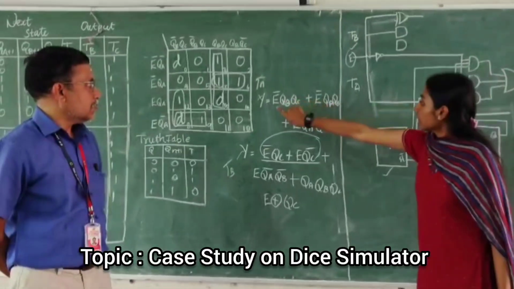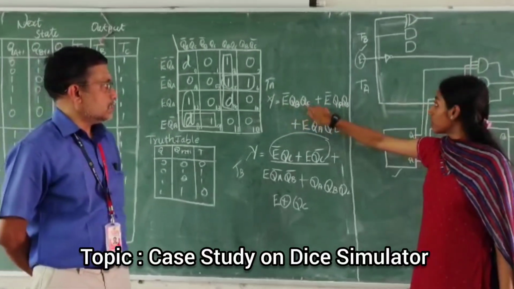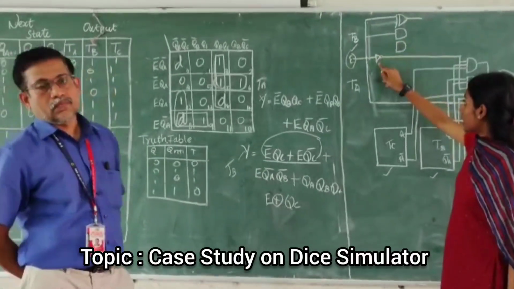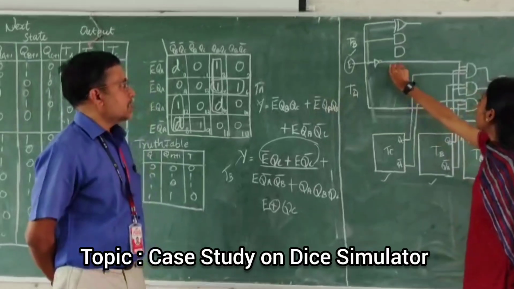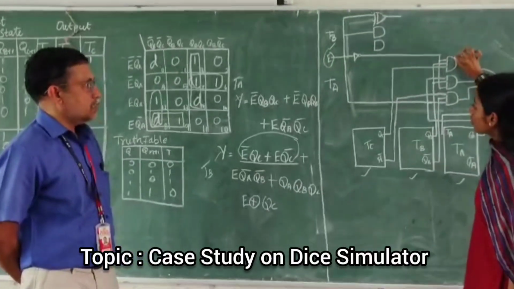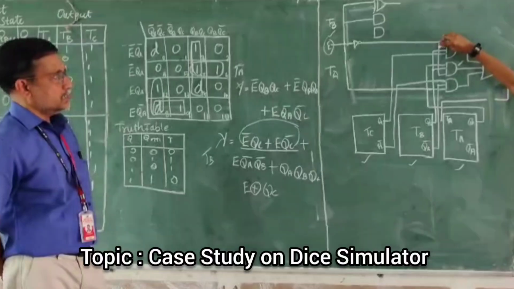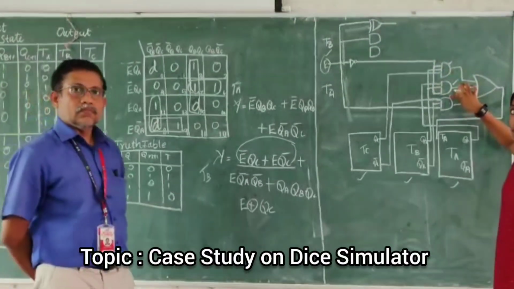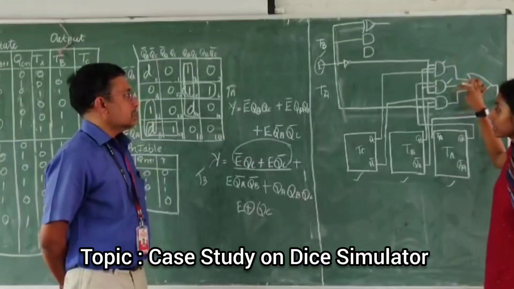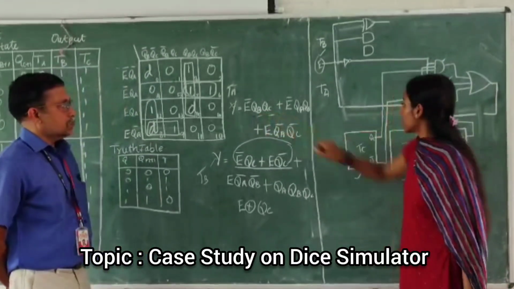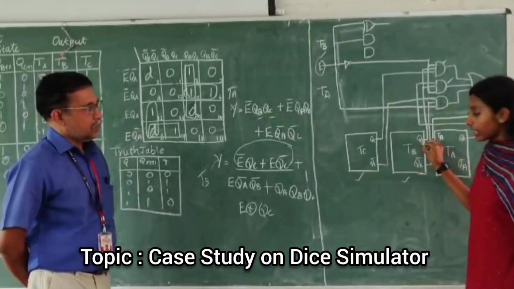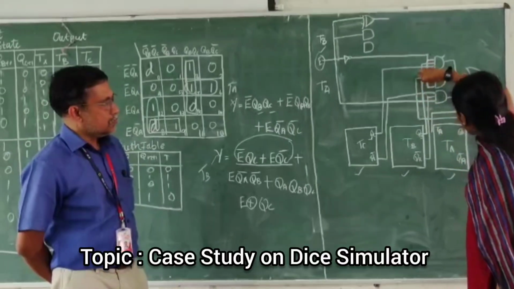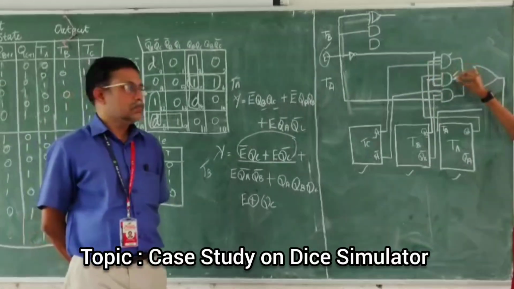The first connections are from E bar, QB and QC. I take a connection from E and introduce a NOT gate for E bar, and connect it to two AND gates. Then QB and QC: I have taken a connection from QC and connected it to the AND gate.